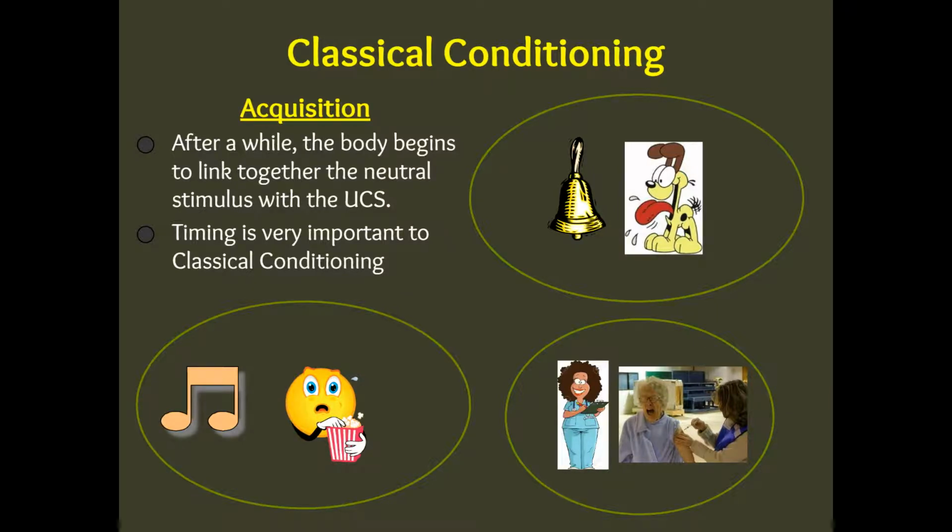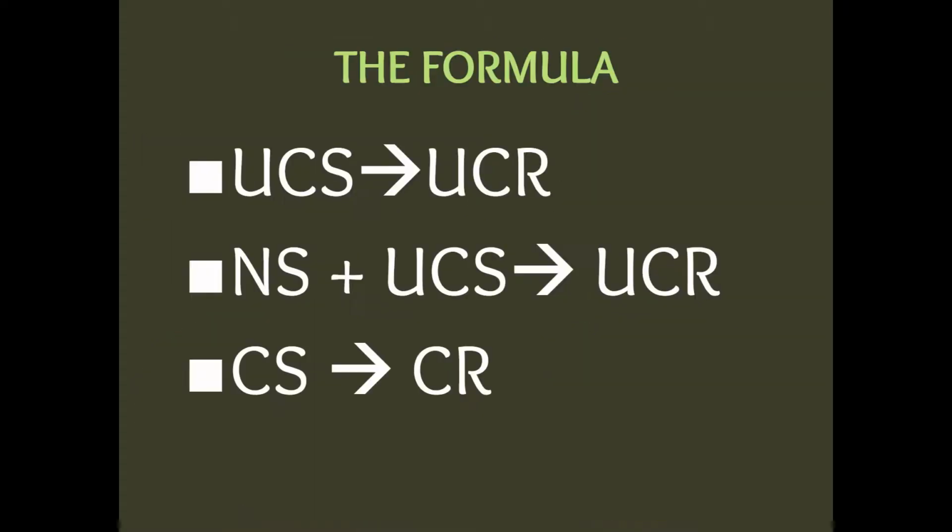Timing is also very important to classical conditioning, right? This thing has to happen first. The bell has to ring before the food. The music has to show up before Mike Myers. The nurse needs to show up before the shot. So the formula is here. Unconditioned stimulus leads to unconditioned response. This is the beginning. Neutral stimulus, then you show the unconditioned stimulus and it gets you that unconditioned response.